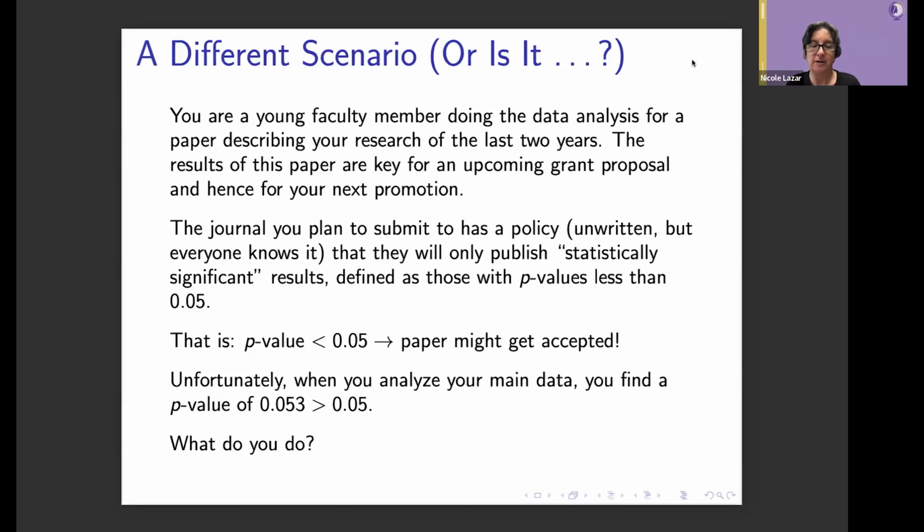Statistically significant results defined, let's say, as those with p-values less than 0.05. So if your p-value for your analysis is less than 0.05, your paper might get accepted and you might get your grant funded and you might then get your promotion. You do the data analysis for your main results and you get a p-value of 0.053, which is greater than 0.05. So what do you do?